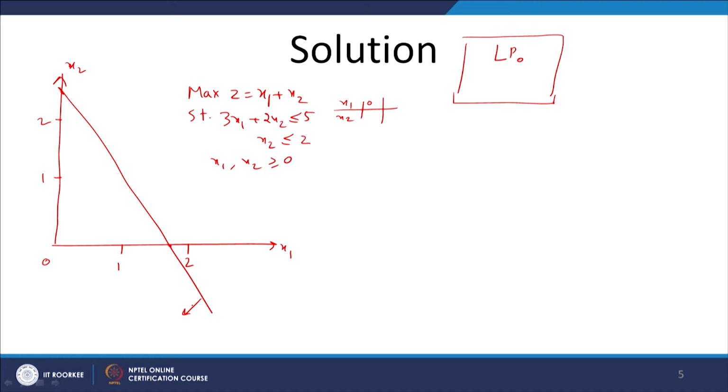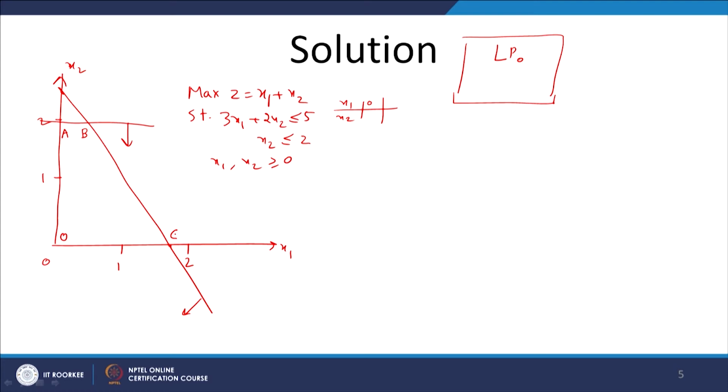Similarly, the second constraint, that is x2 is less than or equal to 2. So, this is also below the line, and now we have the feasible region as O, A, B and C.